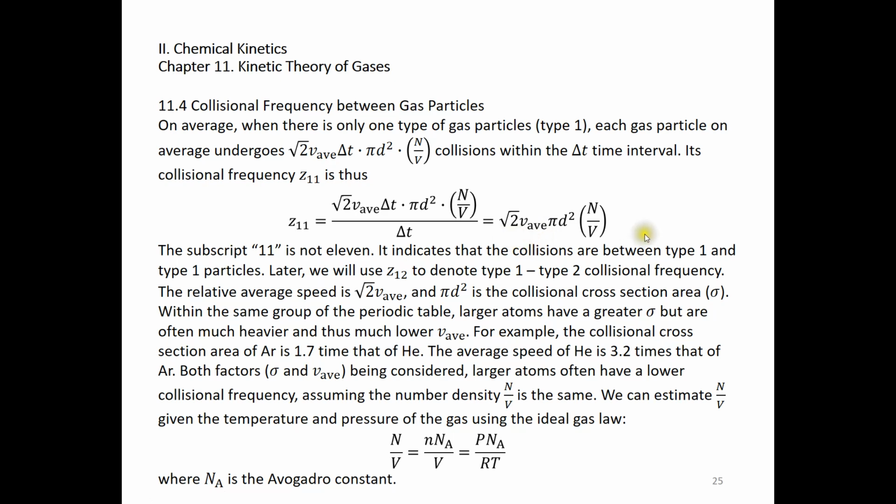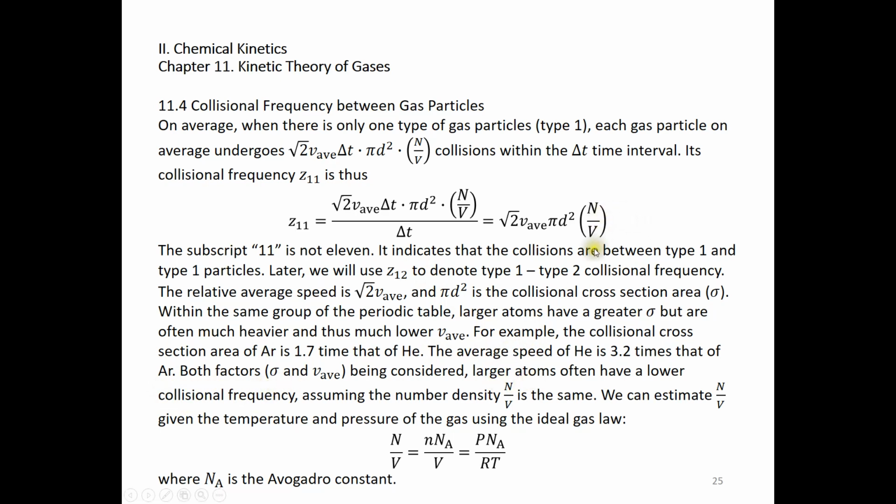But the average speed of helium is larger than argon. So this one is 3.2 times that of argon. So overall, if we consider both sigma and the average speed, we'll see very often larger atoms have a lower collisional frequency. Smaller atoms often have a larger collisional frequency.